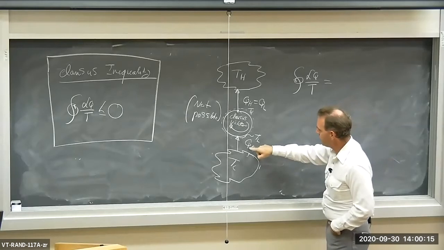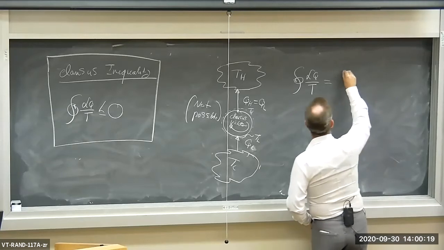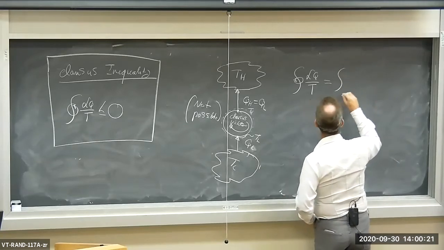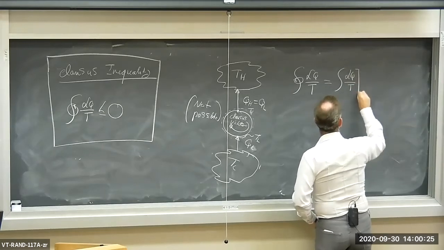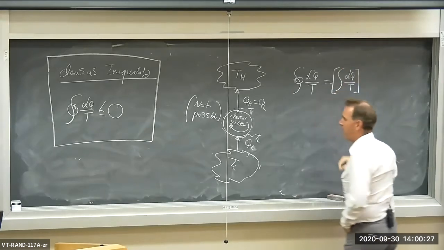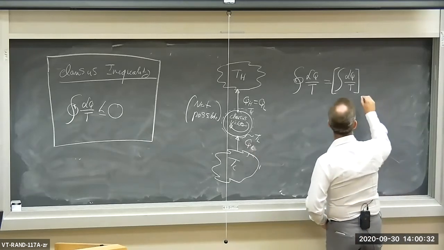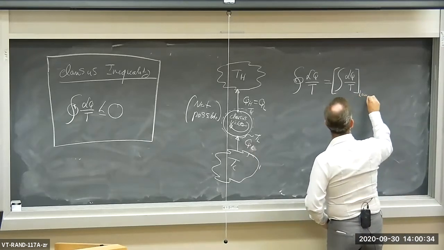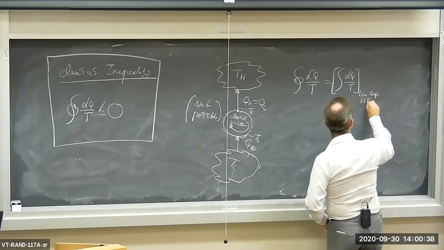So I'm going to break this integral up into two pieces. Del Q over T. The first piece is going to be evaluated for the heat transfer from the low temperature reservoir. So I'm going to write low temp heat transfer.